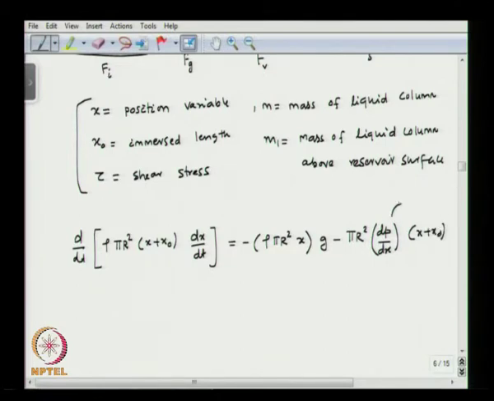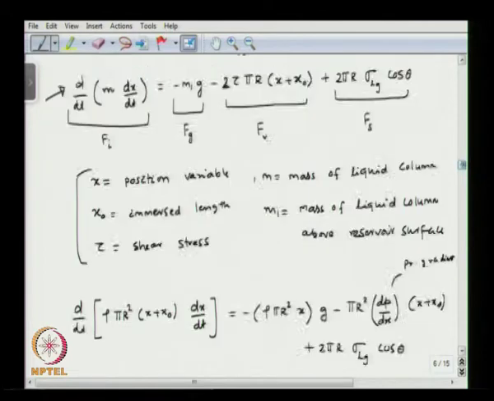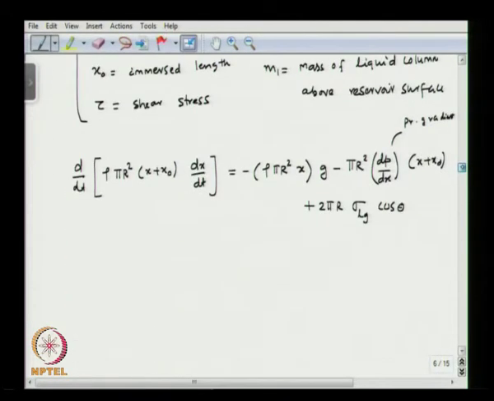So this is the pressure gradient. So this is the viscous force, and plus 2 pi r into sigma Lg into cos theta. So here we have used the expression for the pressure gradient in this expression.